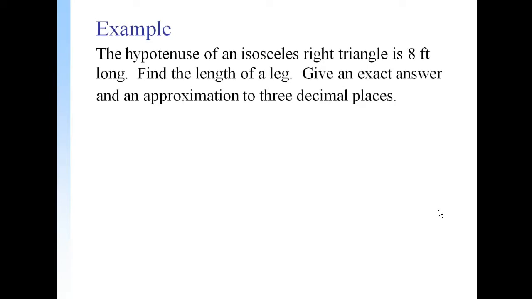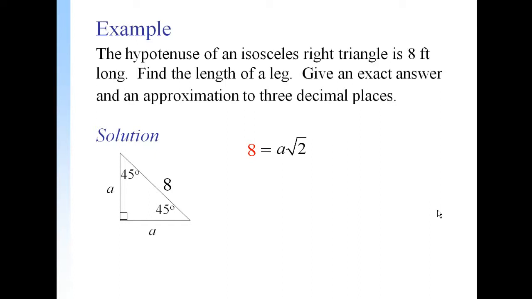So here the hypotenuse of an isosceles right triangle is 8 feet long. Find the length of the leg. Well, here we have 8 equals a times the square root of 2, and we're going to divide both sides by the square root of 2.